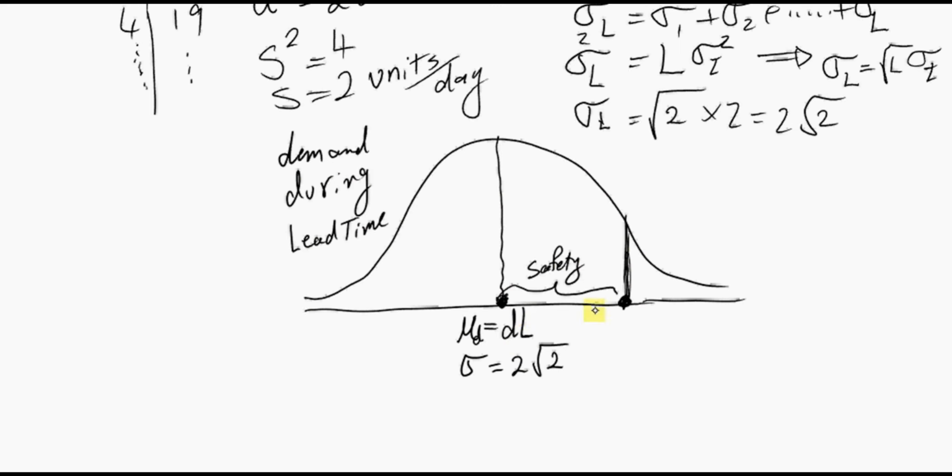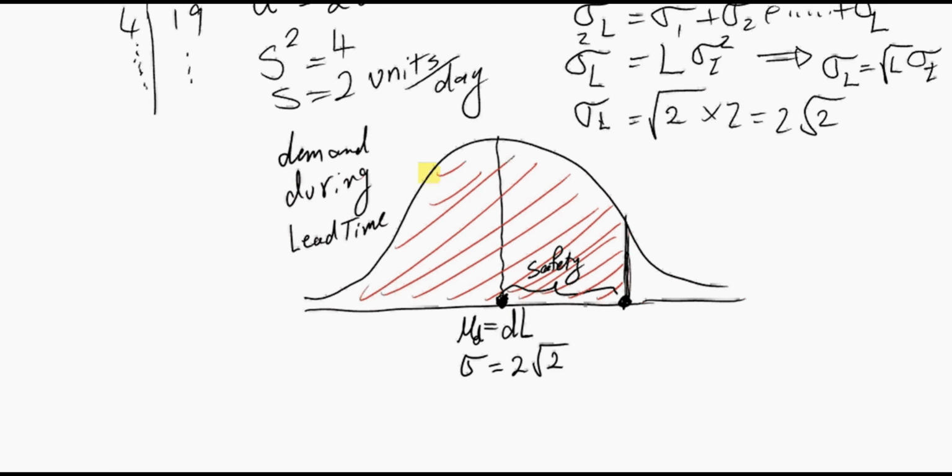So let's say we want to be 95% sure that we will not have stockouts, then this area should be 95%.